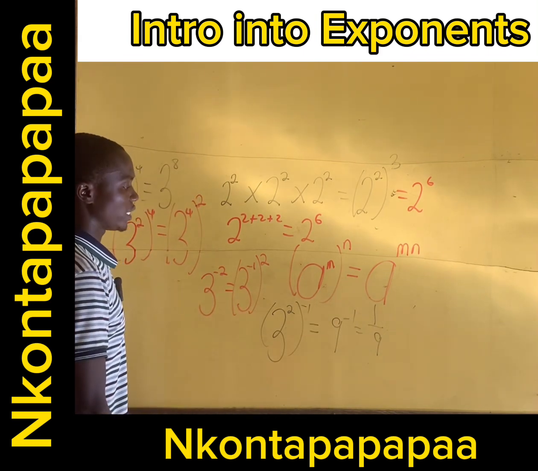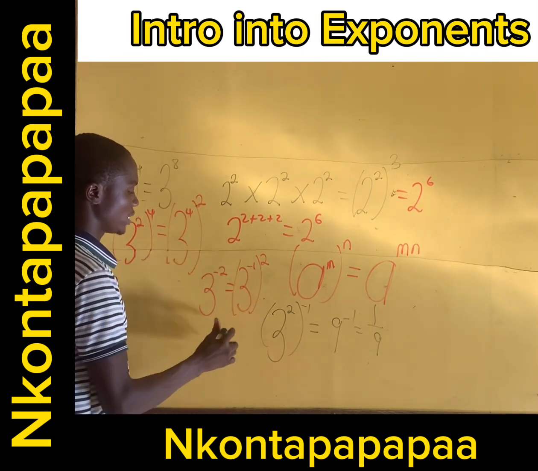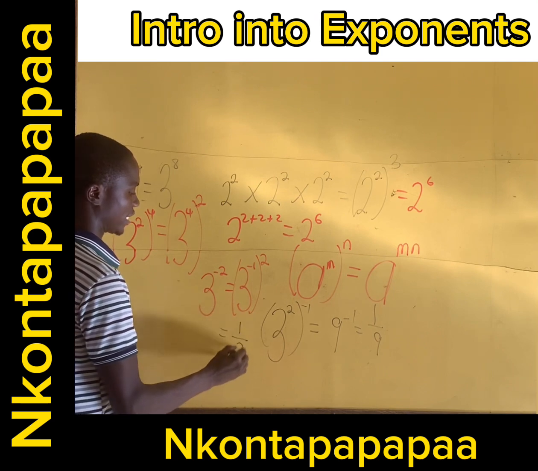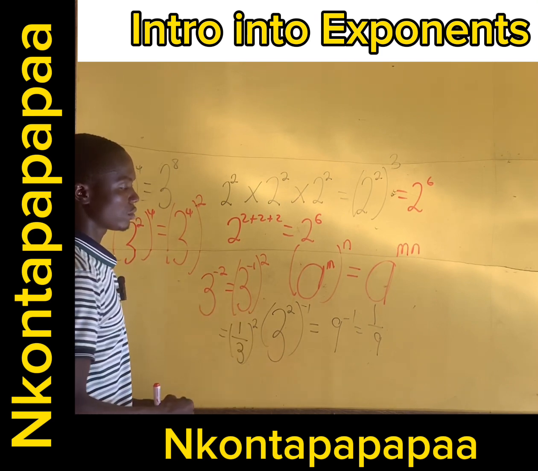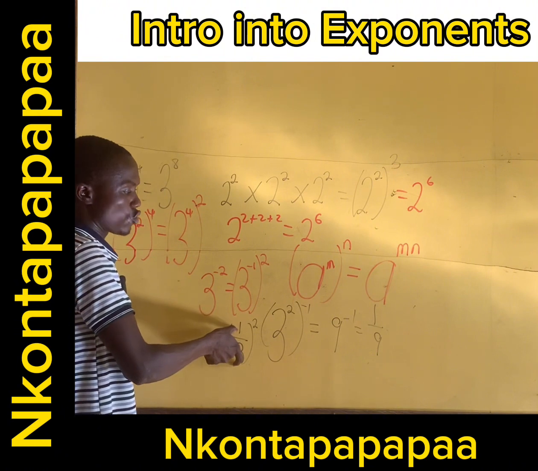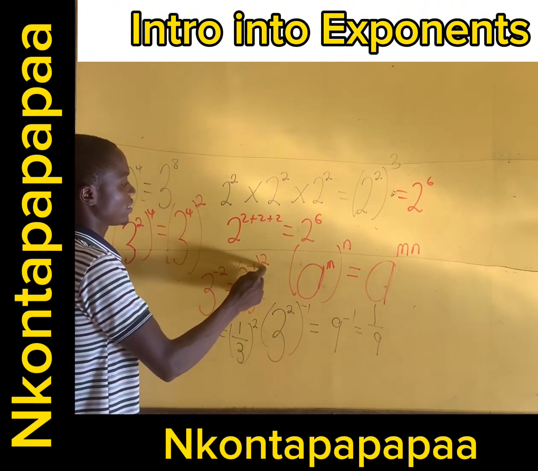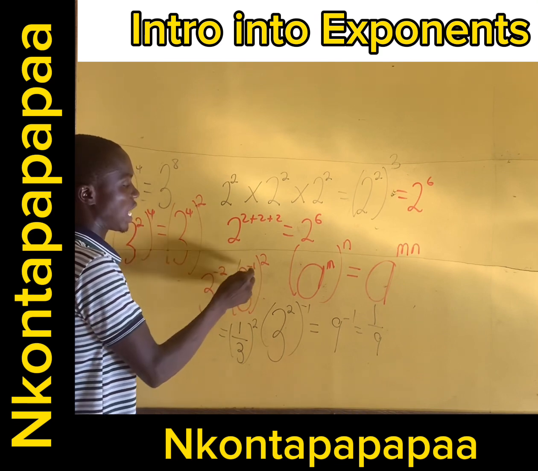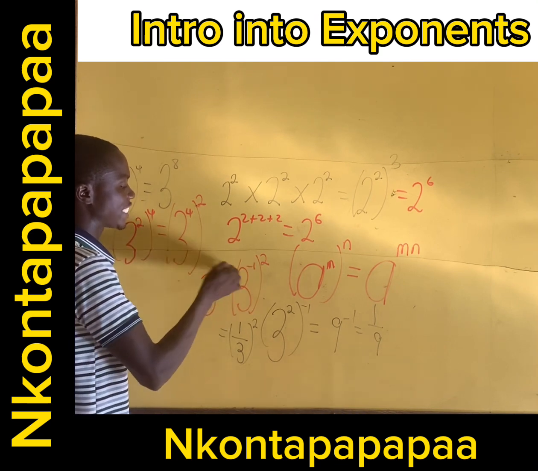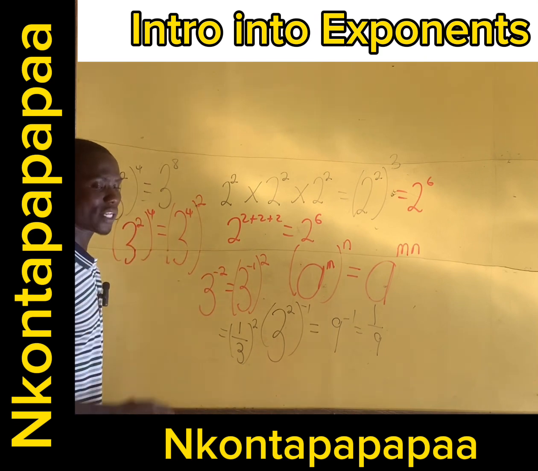This one will also be 1 divided by 3 all power 2. If I want it this way, I go. If I want it this way, I go. So whenever you can factorize a factor out, you can factorize it out. We can interchange the powers based on what we want to use it for.